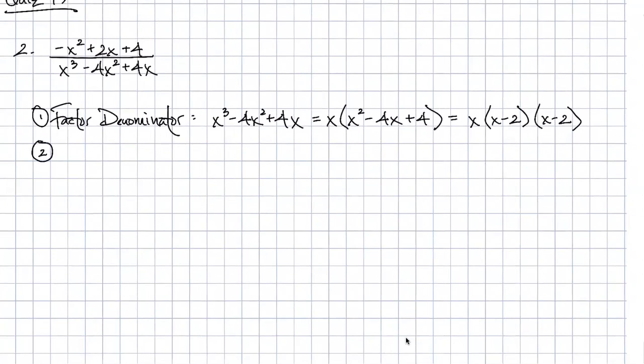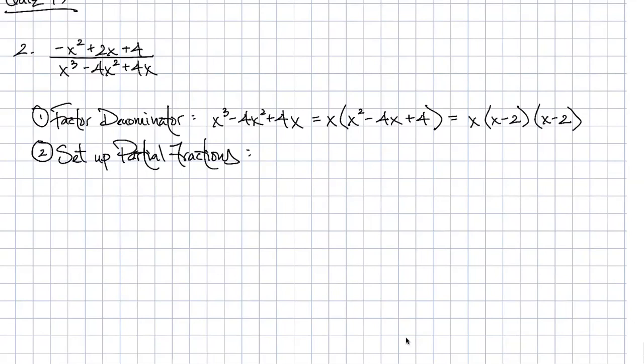Then I would say we set up our partial fractions. That's where we kind of go back into the notes, because we have our 3 denominators: an x, an x minus 2, and an x minus 2.